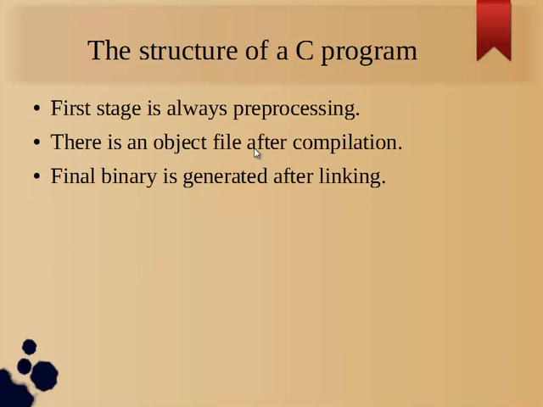The compilation process is divided into several tasks or several stages. GCC is a multi-pass compiler. The first pass is the pre-processing pass, which you can examine by typing the command gcc -E filename.c, and you will see your output on your screen.